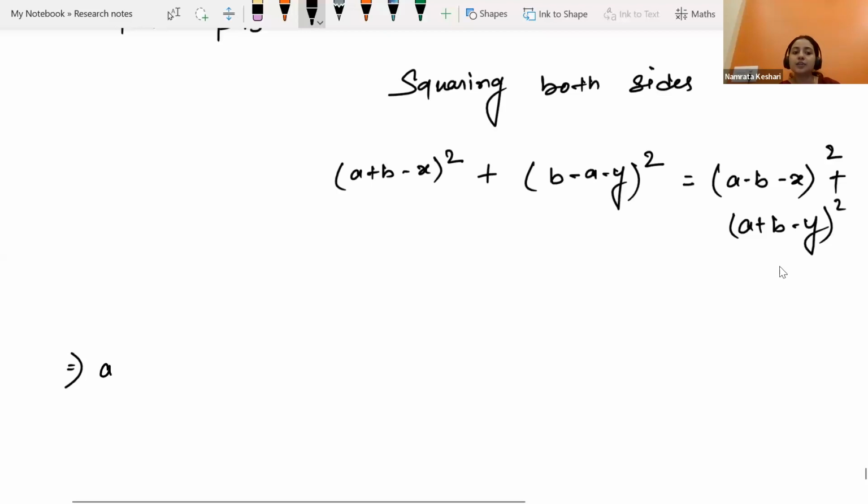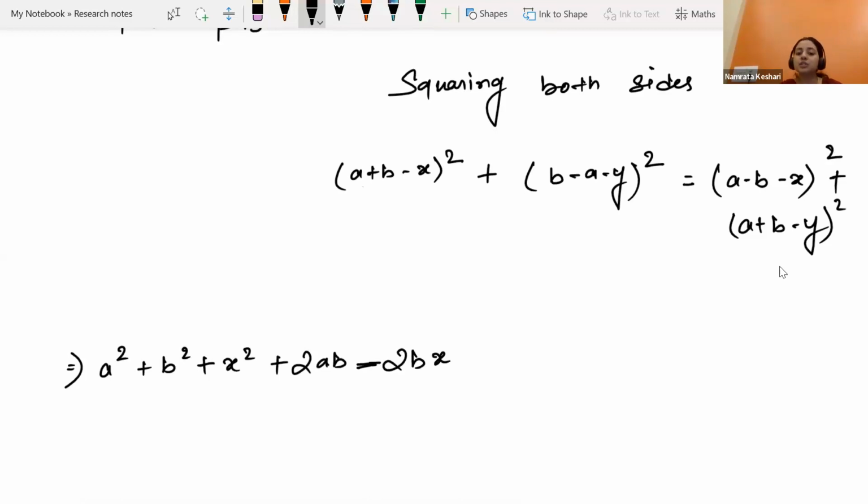We can write directly a square, b square and x square, plus 2ab, both are positive so it will be plus, then 2bc, b is positive but c is negative so it will be negative, minus 2bx, plus 2ca, but our c is negative so it will be minus 2ax.